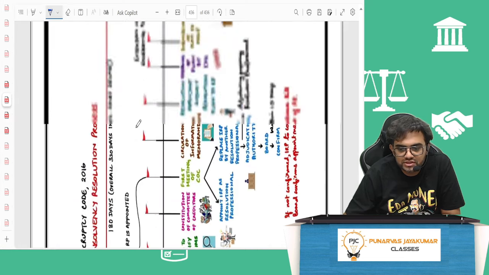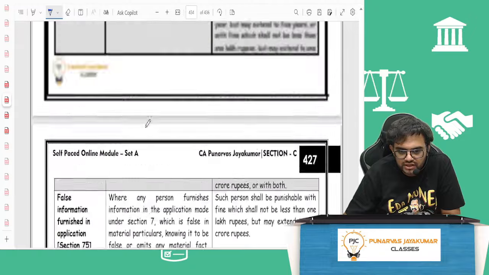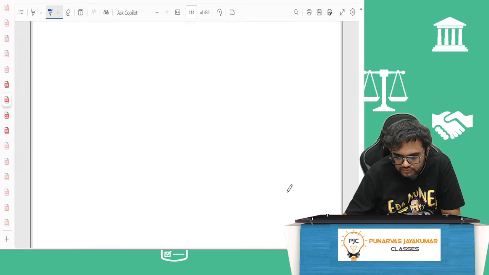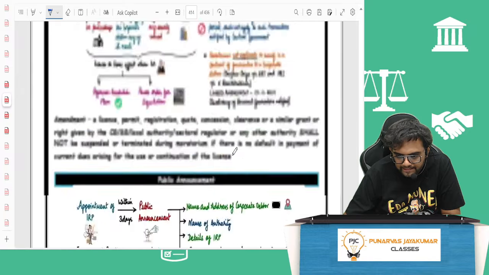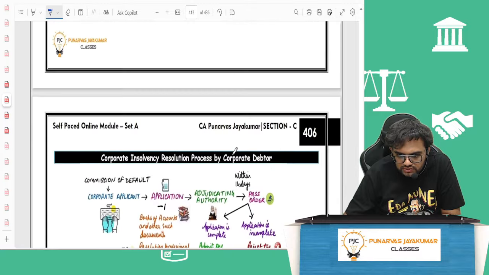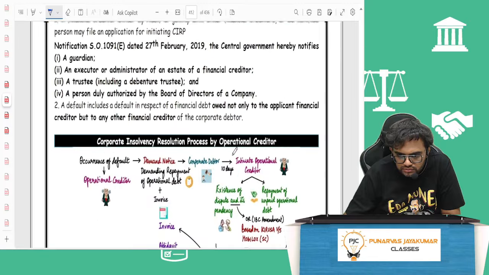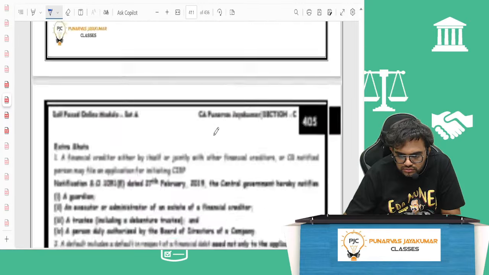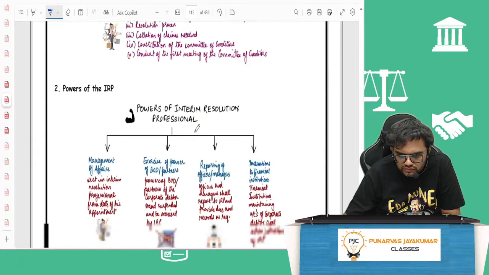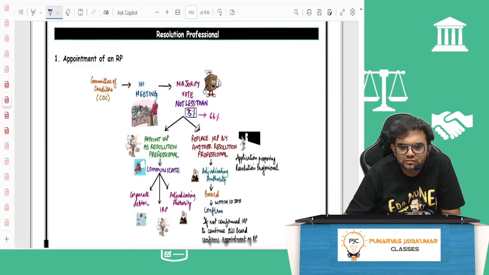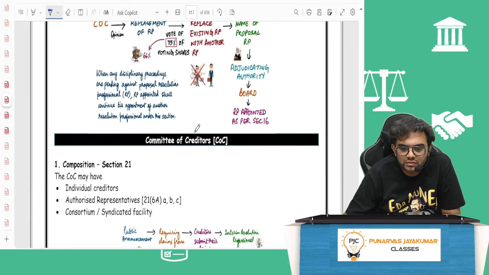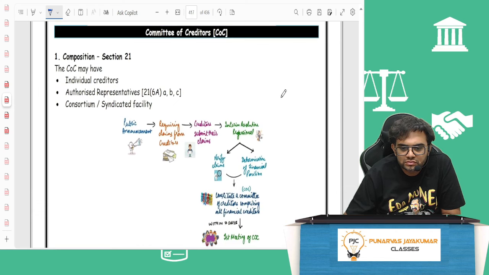If you come to the committee of creditors notes here, it will be easier for you to understand. I've given a lot of charts. There you go.